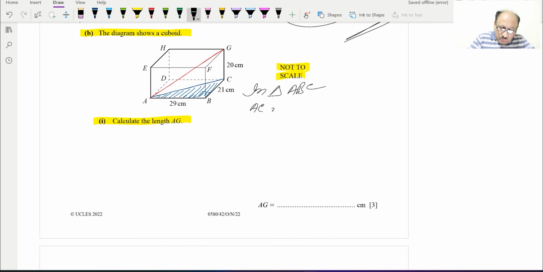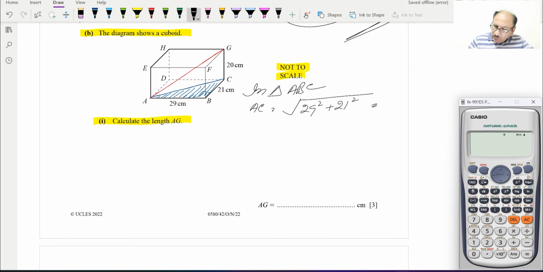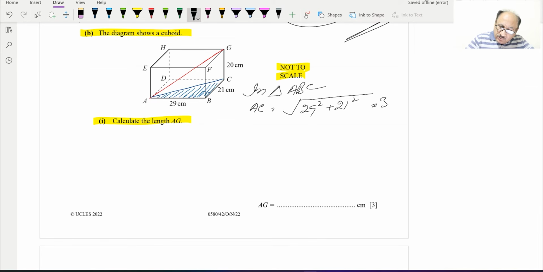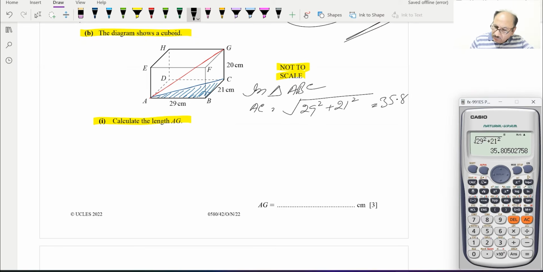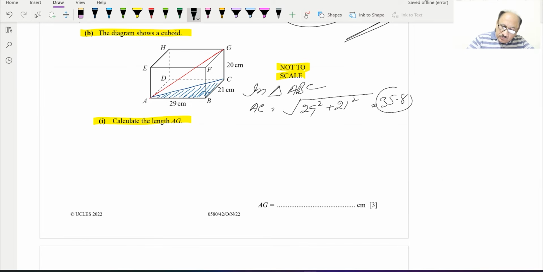So in triangle ABC, AC is equal to under root of 29 square plus 21 square, and this will be equal to 35.8. So we found this as 35.8. Now we can apply Pythagoras theorem on this triangle.